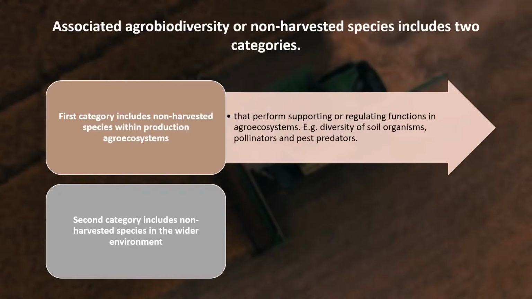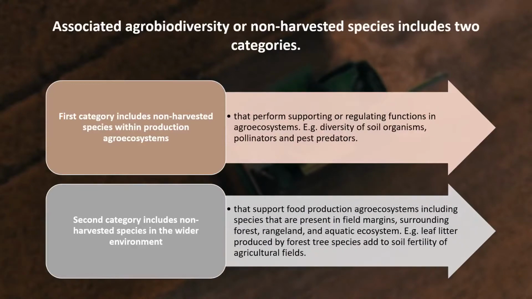The second category includes non-harvested species in the wider environment that support the food production ecosystem, like the species present in the field margins, surrounding forests, rangelands, and aquatic ecosystems.